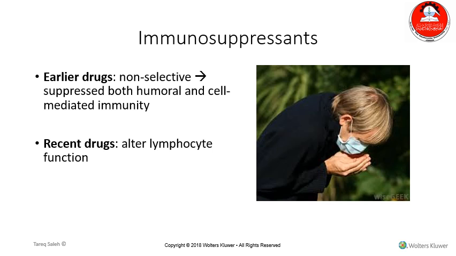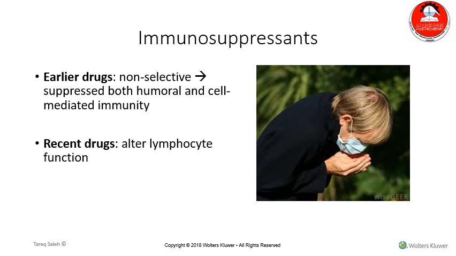Remember that we have two types, or more than two types of immunity. We have innate immunity, humoral or antibody-mediated immunity, and cell-mediated immunity, which is mainly mediated by T cells. So these drugs were non-selective and would affect all components of the immune system, which led to many adverse effects.